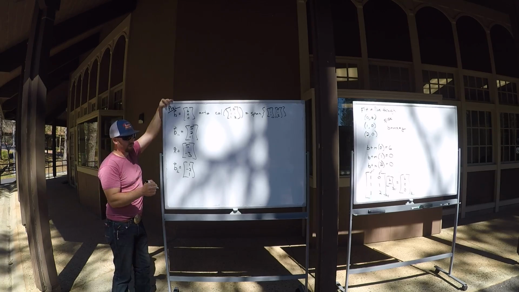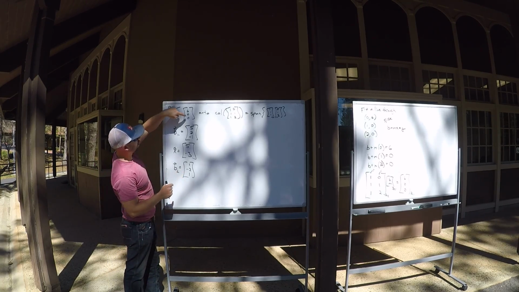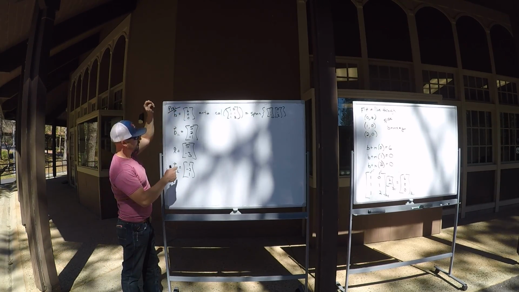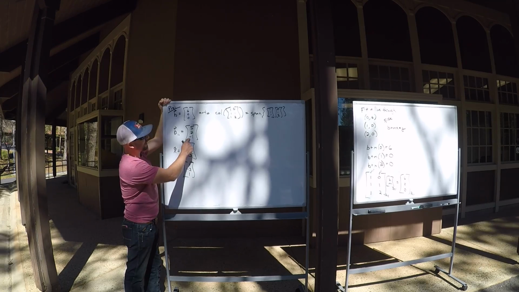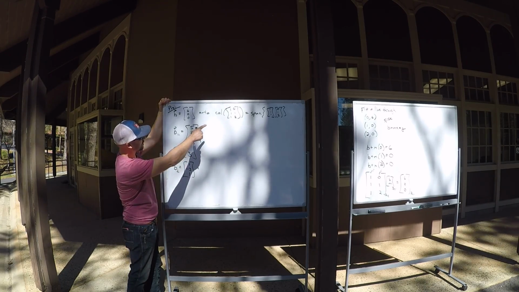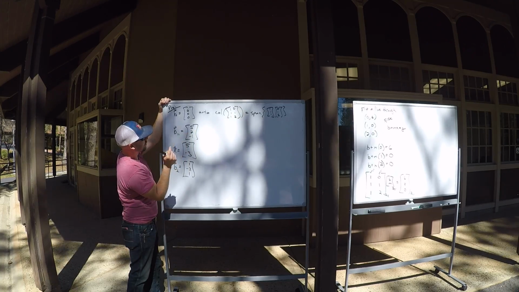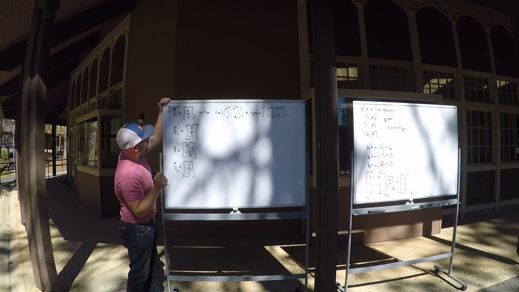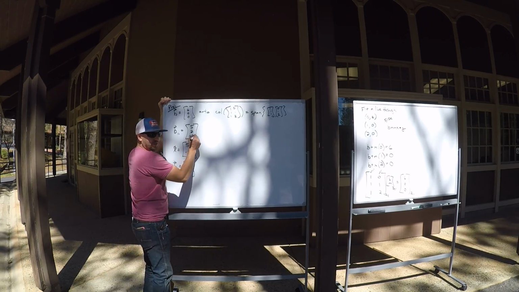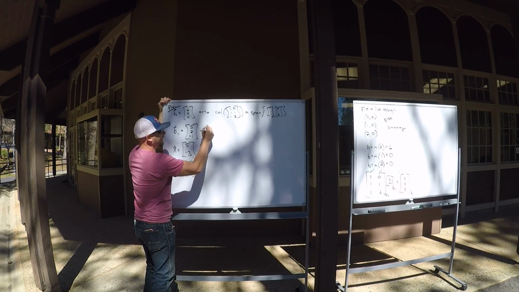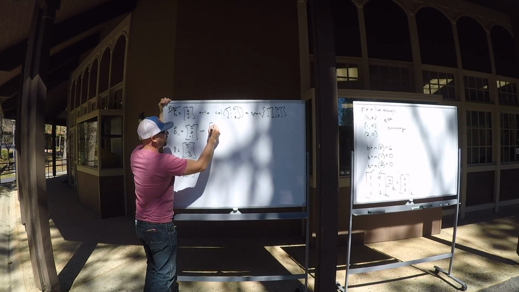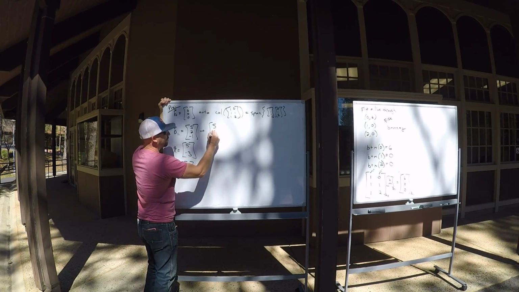Okay, so just to confirm, if I add these two together, I get B. I should also confirm that B parallel is in the column space. So 5 times the first vector is 5, 5, 5.